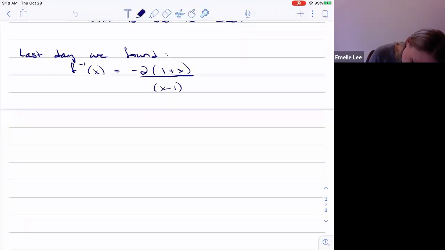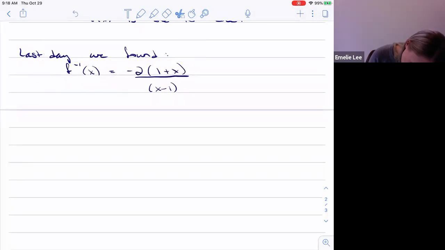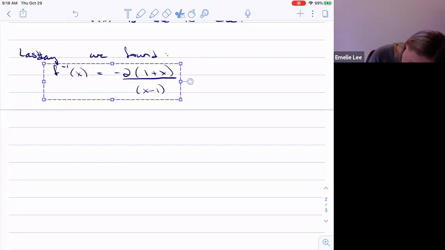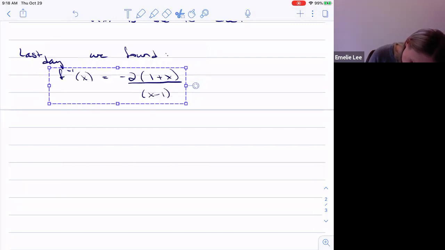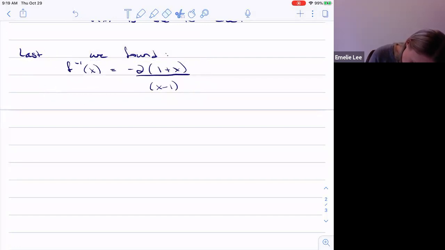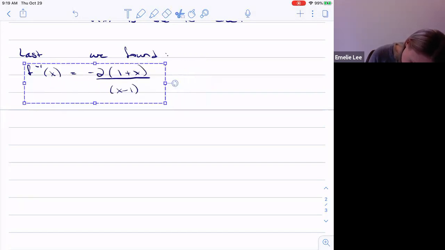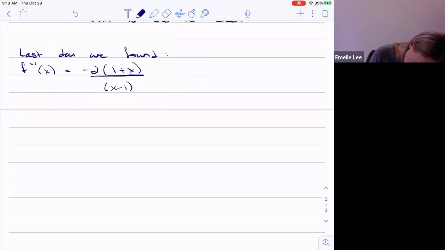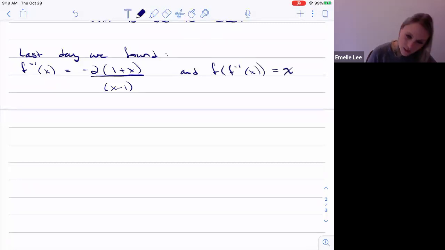We found that the inverse is that, and f composed with the inverse of x equals x.